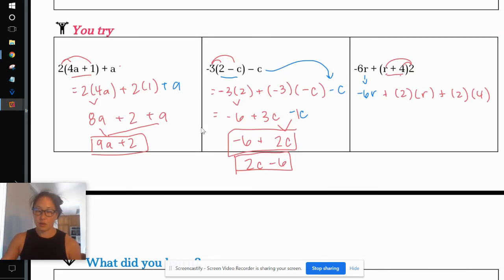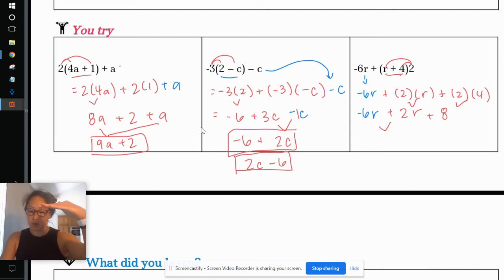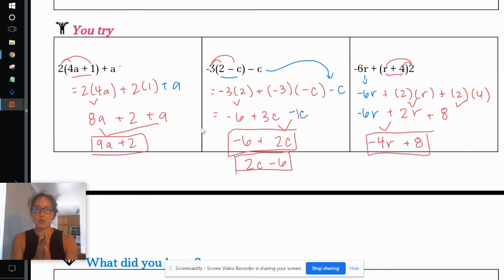Okay, next, we're going to do negative 6r plus 2r plus 8. Okay, so combine our like terms. Negative 6 plus 2, you're 6 floors below, and then you walk up 2, so we're still negative 4 below, plus 8. The term with the variables in front.